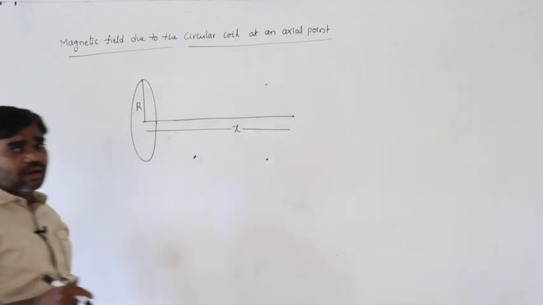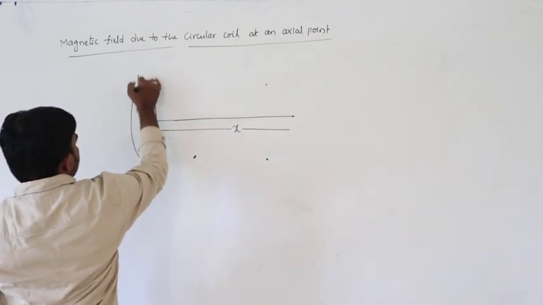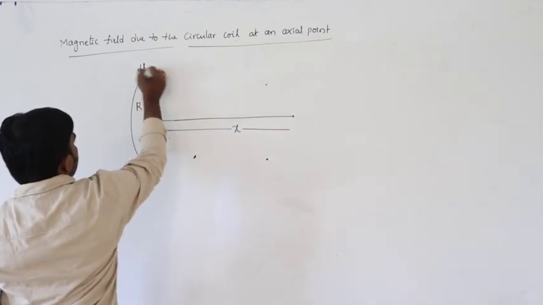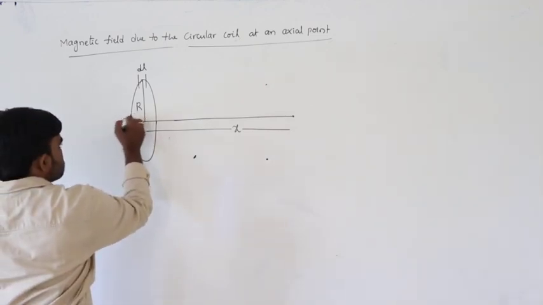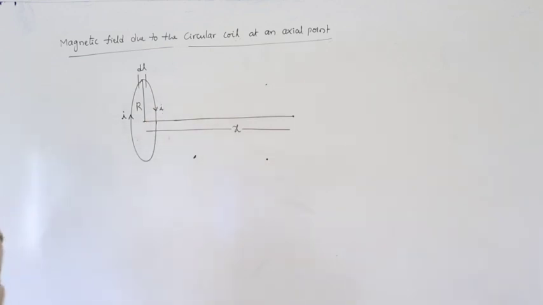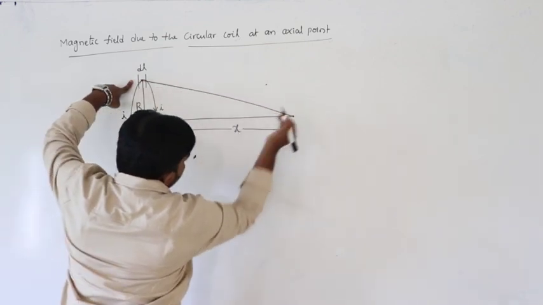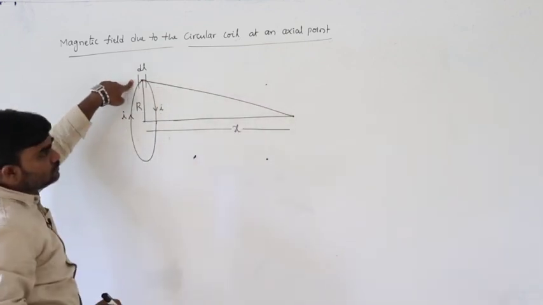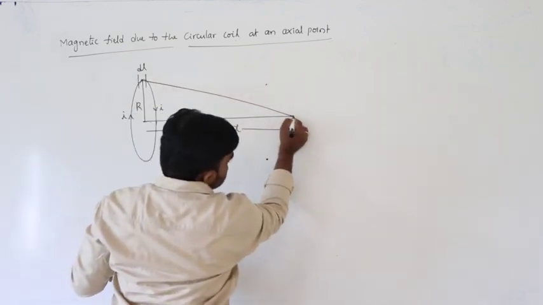To calculate the magnetic field, let us say I am considering a small length element dl here. The current is flowing like this. Due to this current element, what is the magnetic field at this position?